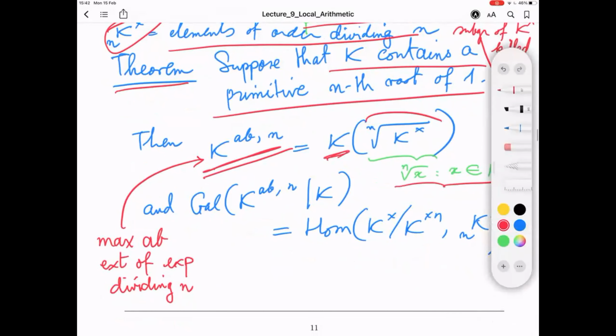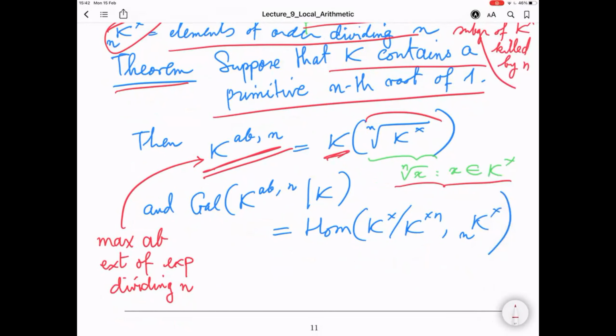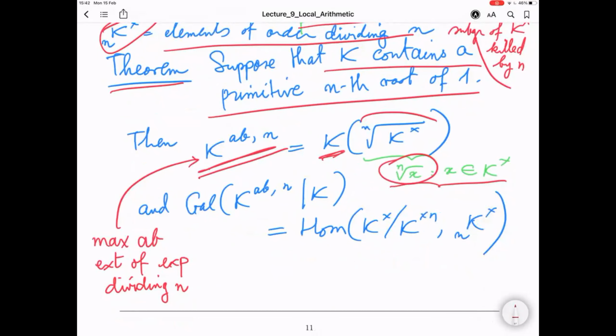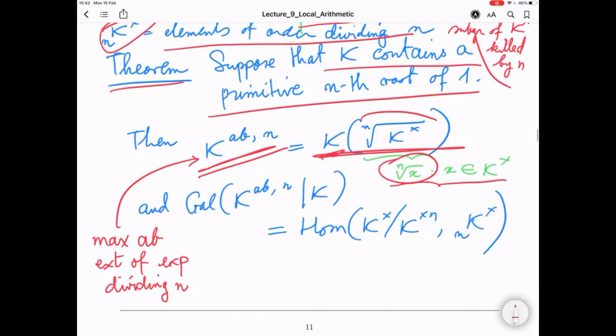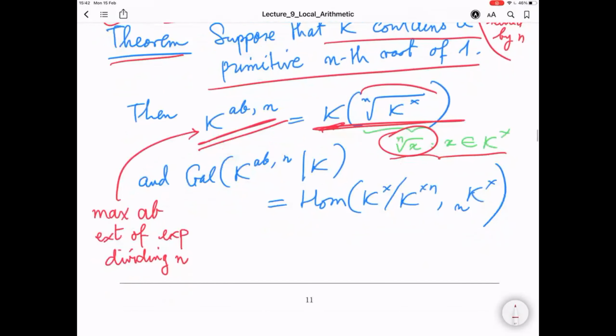For every x in K^*, you adjoin its nth root to K, you are going to get an extension which is abelian of exponent dividing n, and it is maximal for that property in the sense that every other abelian extension of K of exponent dividing n is going to be contained in this extension. So that is the first assertion of this main theorem of Kummer theory.